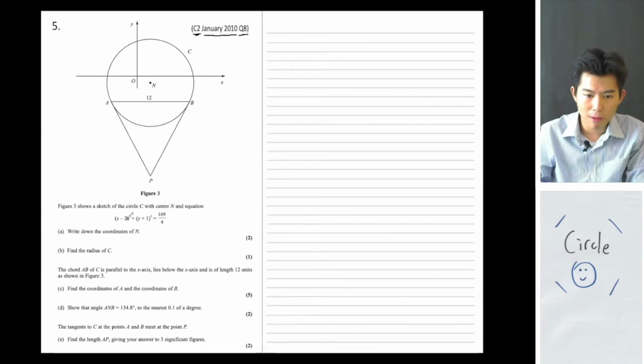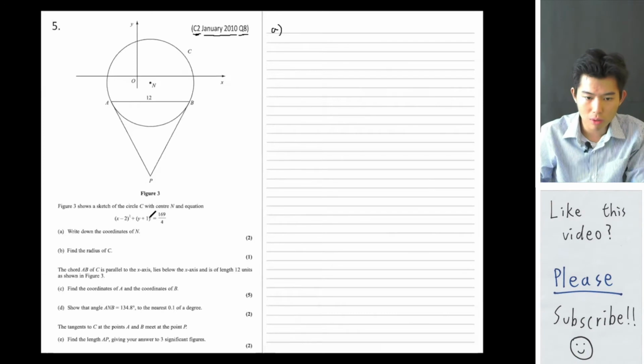So for part A, (x minus 2) squared plus (y plus 1) squared equals 169 divided by 4. Okay, so the equation for the circle is (x minus a) squared plus (y minus b) squared equals r squared, right?